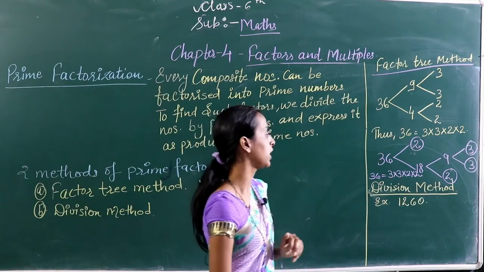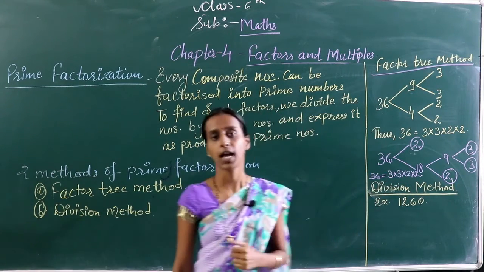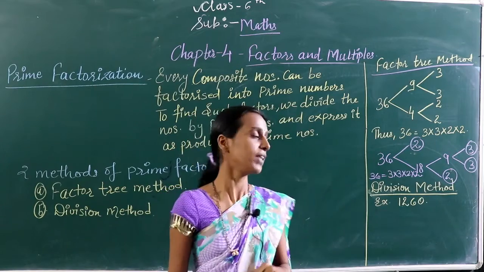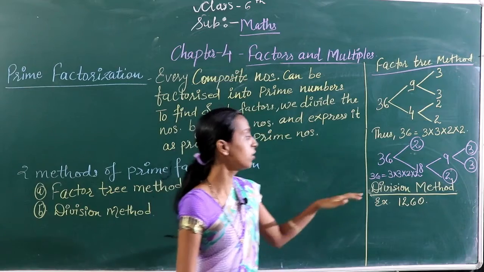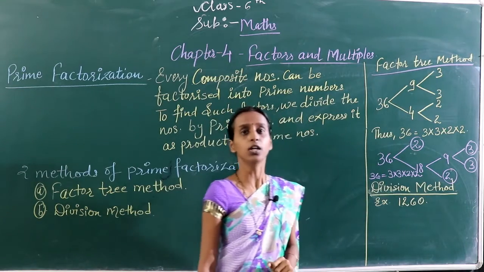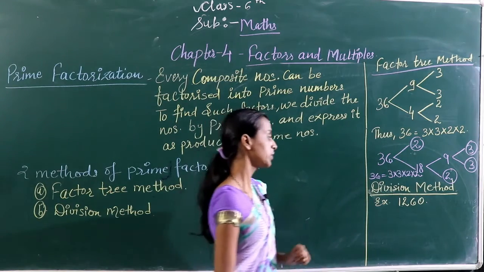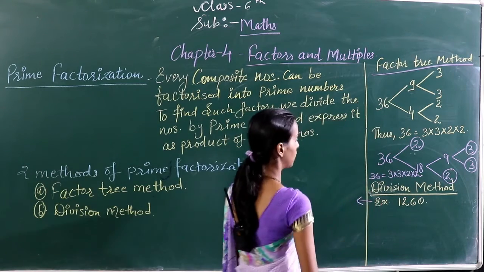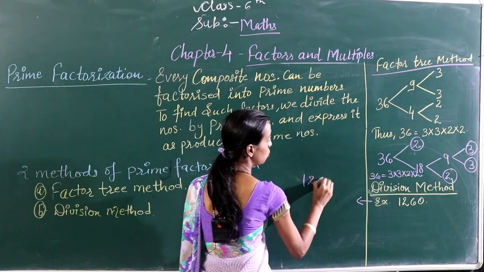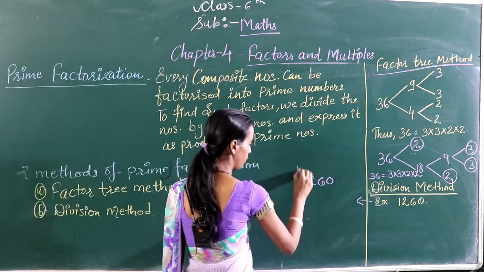Let us come to the second method, that is the division method. I have taken here one example, that is 1260. We have to do the prime factorization using the division method. So using the division method, how will we do it? See here, 1, 2, 6, 0.